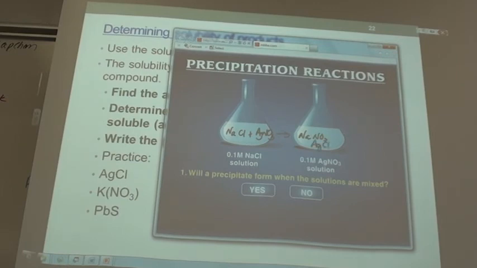Look at your solubility rules right now and tell me, will either of these form a precipitate? Raise your hand when you have an answer.